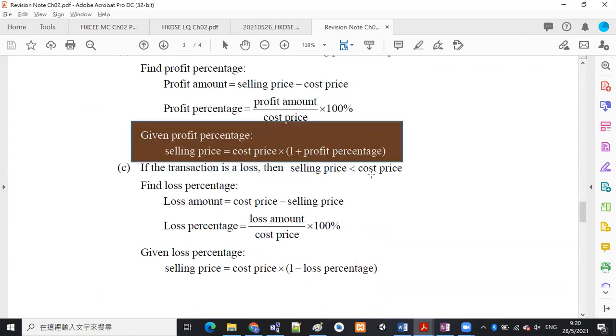So the selling price should be equal to the cost price times 1 plus profit percent. 690 is the selling price, given. It should be equal to the cost price, which is unknown. So we let C be the cost price, times 1 plus the profit percent, which is 15% in this question. So it is 1.15C, and then just divide this to the left, and you can find that C is equal to 600. So that is the conclusion. Is that okay?